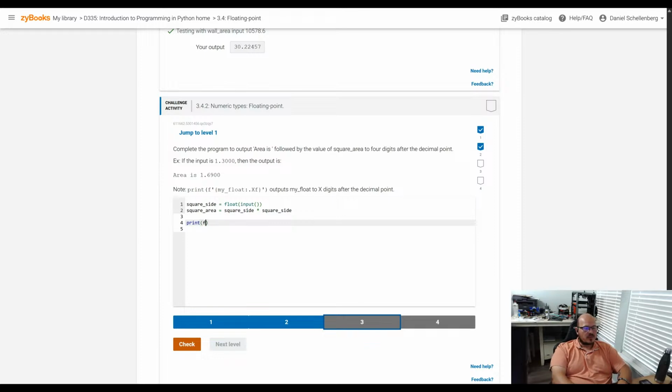So we're going to do an F string again, and it says area is, and then we'll do square area. I think that's all it wanted us to do: area is, and then output square area. So let's double check it here. Let's check it. I think that's what it wants.